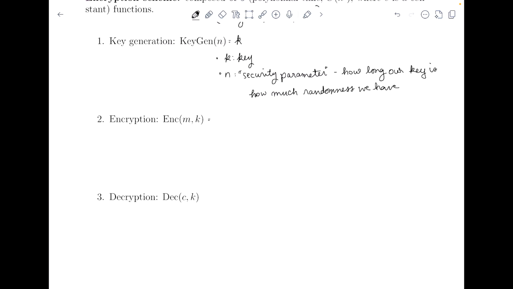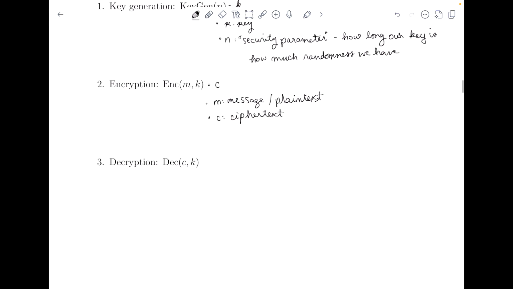Next, I have the encryption function, which is encrypt of m and k, and that's going to give me c. So again, k is my key, m is my message, also known as the plaintext, and c is what's known as my ciphertext. The ciphertext should look random to anyone that doesn't have the secret key.